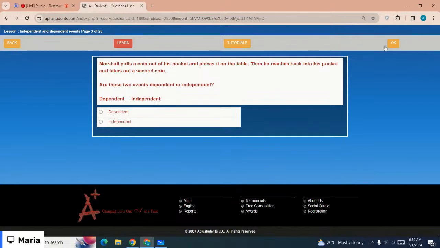They are the dependent events, right? Because the first time he put one coin out, and the second time he has one less coin. The correct option is dependent.